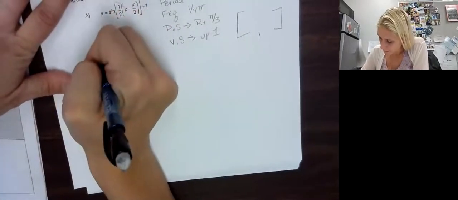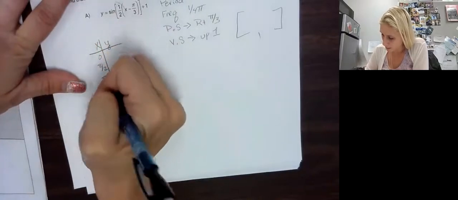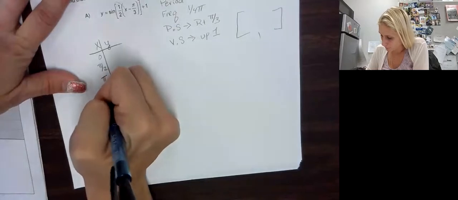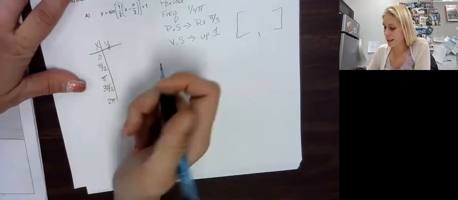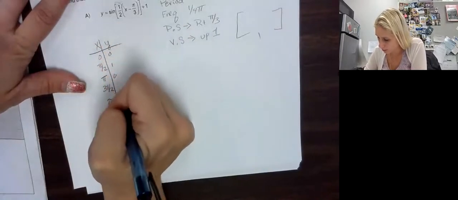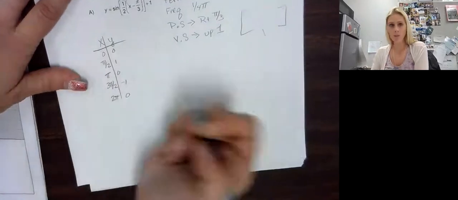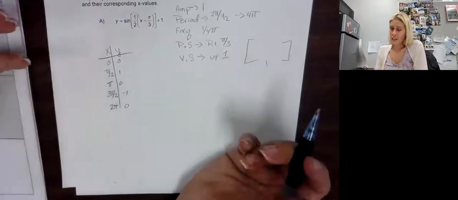So x is 0, pi over 2, pi, 3 pi over 2, and 2 pi. We're dealing with sine, so we go 0, 1, 0, -1, 0. Let's do the y stuff first because it's easier.